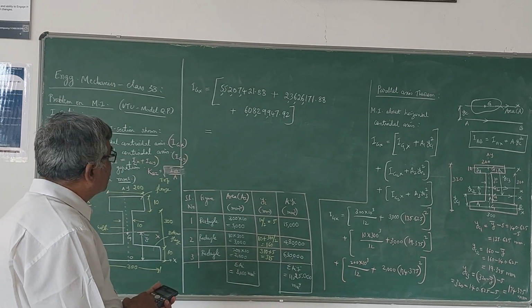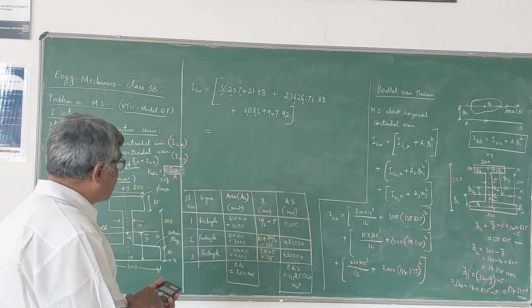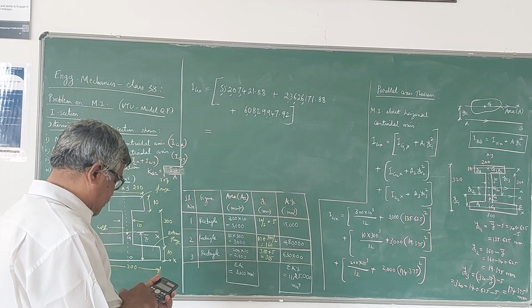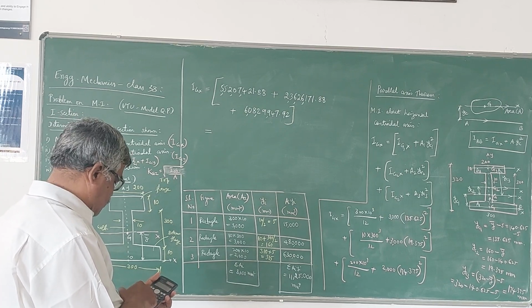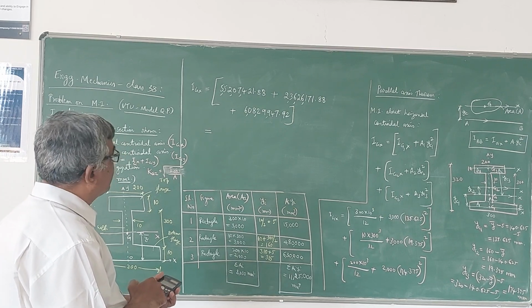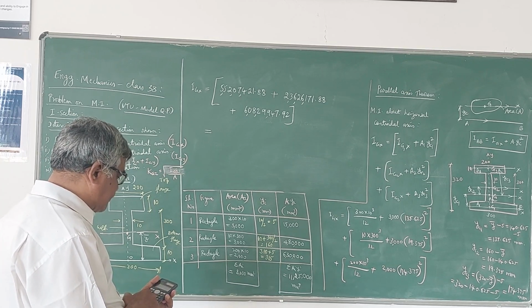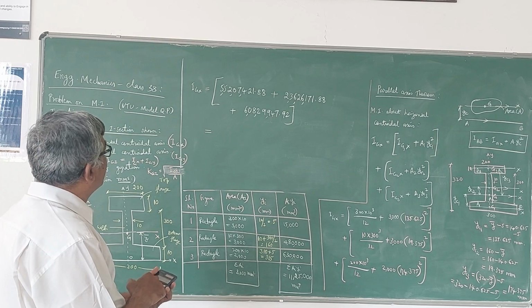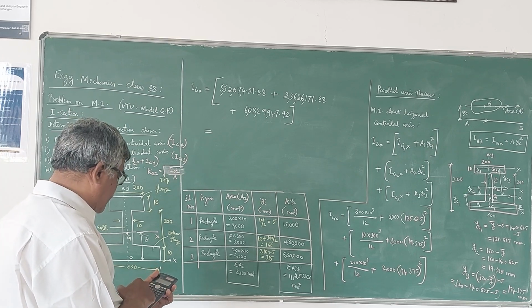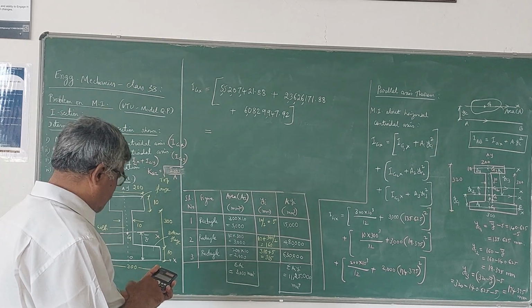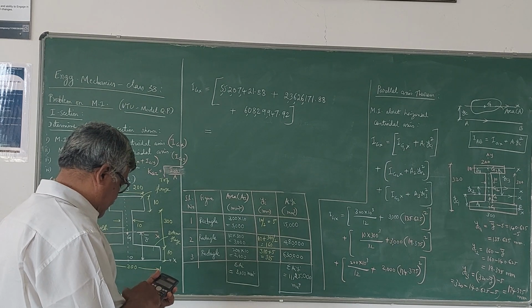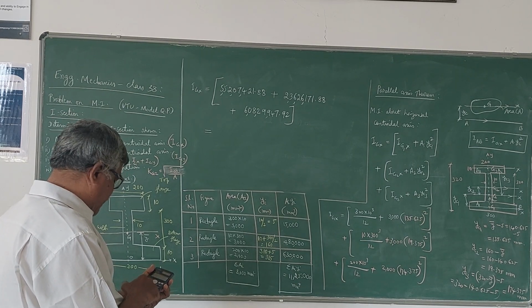Let us add all the three. 23626171.88 plus 55207421.88 plus 60829947.92.